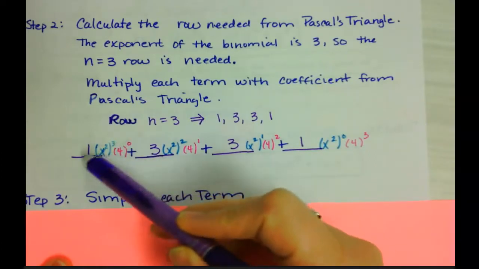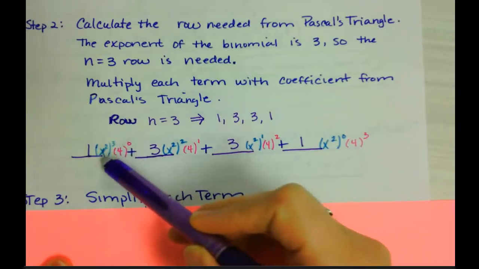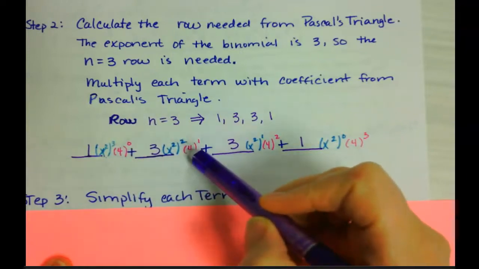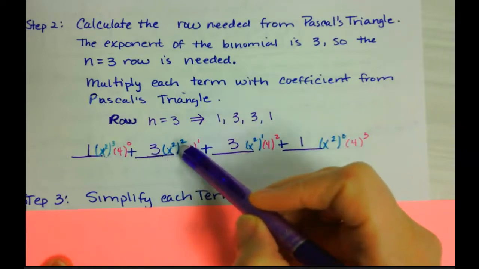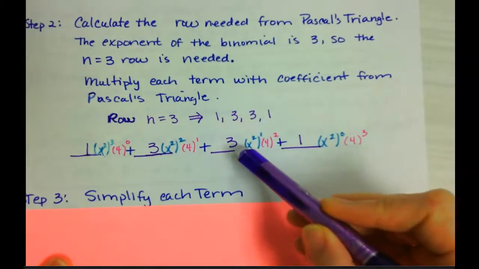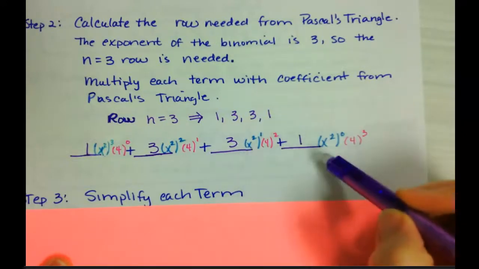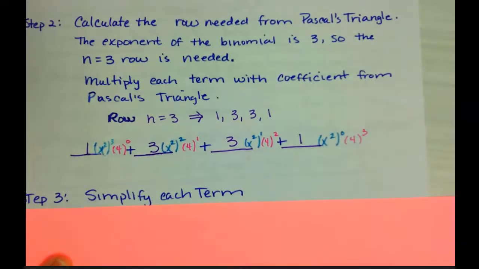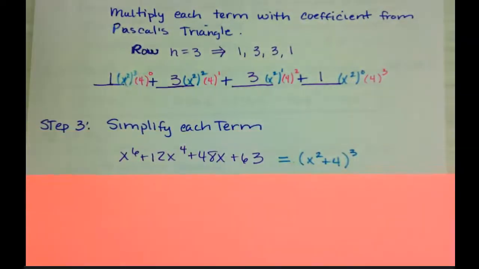So that's 1 times 1, because anything to the 0 power is 1, times x to the 6th, plus 4 to the first power is 4, times 3 is 12, x to the 2 times 2, plus 3, x squared, plus x squared times 4 to the 0, that's 1, and then you have 4 to the third power. That's how you break that down, and simplifying it should get us this answer right here.